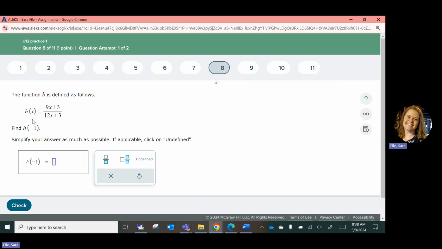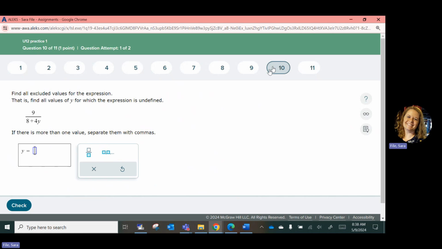That just means plug -1 in for x. So everywhere that you see x, if it's more than one spot, you plug it in more than one spot. You plug in -1 and evaluate. This is like in the notes when we were making the table of values and we were picking an input and checking it to see what the output was. So they're giving you the input. You're going to plug it in and see what's the output. So you've got a couple of those to try.